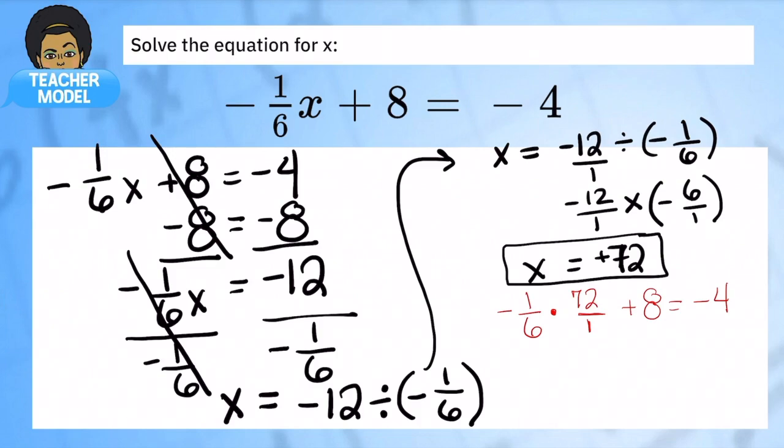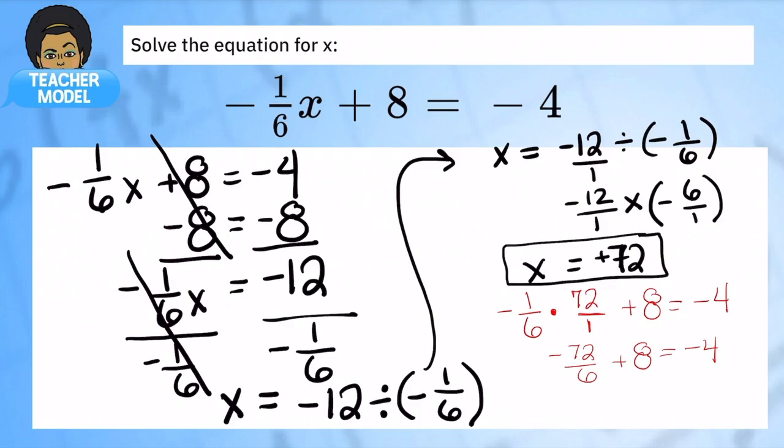And now we can simplify the expression on the left using our order of operations. So which one do we do when we have all numbers? We are going to do the multiplication first. All right, so we're going to do this section here. Negative 1 times 72 is equal to negative 72. 6 times 1 is 6. Plus 8 is equal to negative 4.